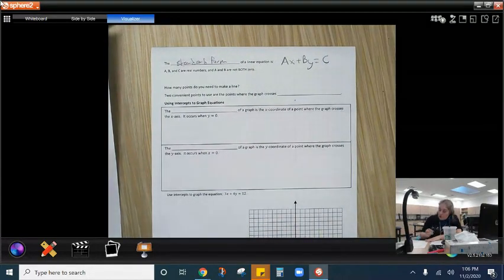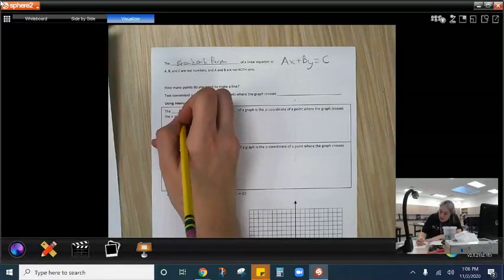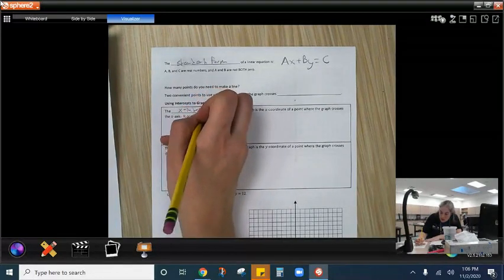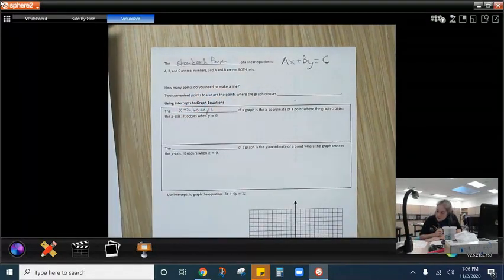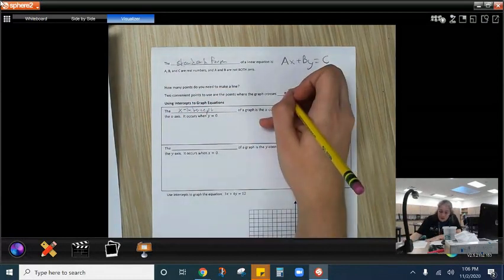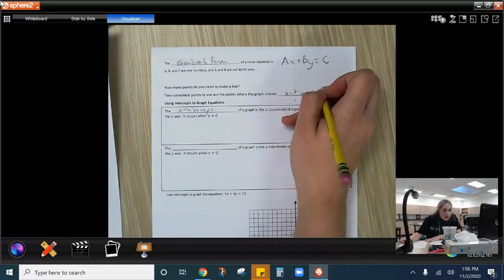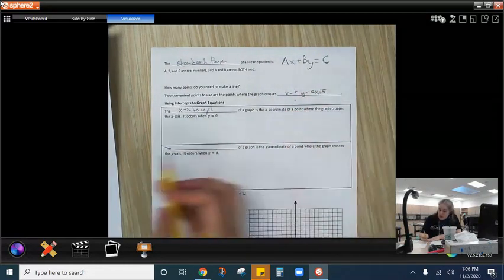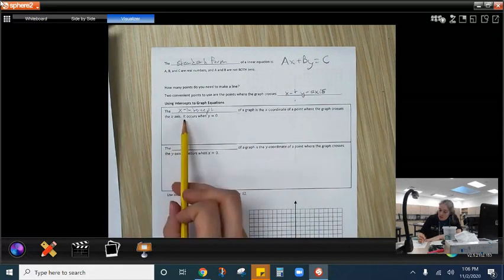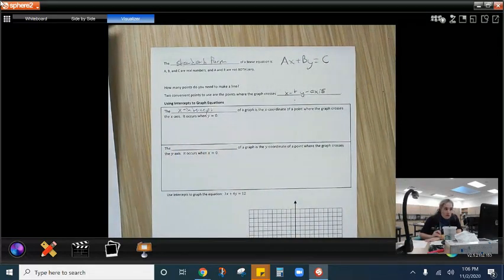All right, so for our first one here, we have the x-intercept, where it crosses the x and y axis. So the x-intercept, all right, we want to find it for when y equals 0. When y equals 0, we get the x-intercept.